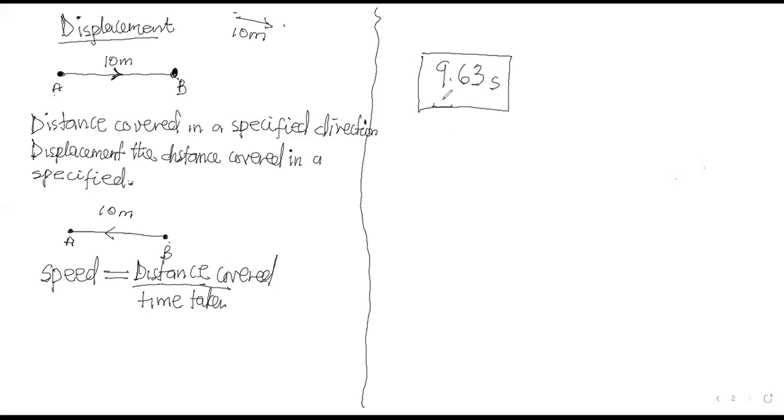So whenever we talk about speed, speed is the distance covered within a given time, and a body covering a particular distance within a lesser time has a greater speed than another body covering the same distance within a larger time.